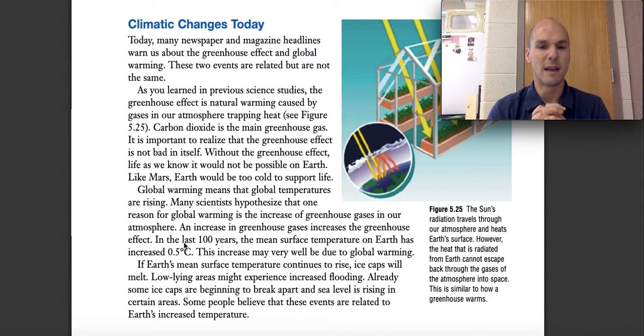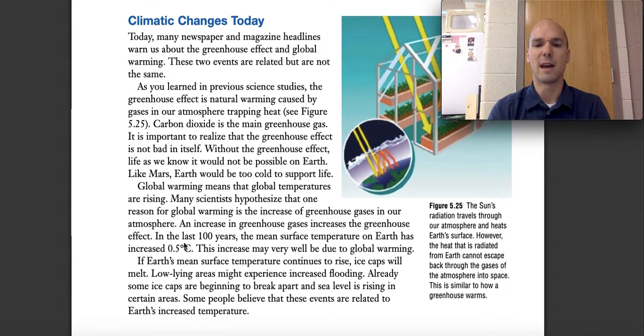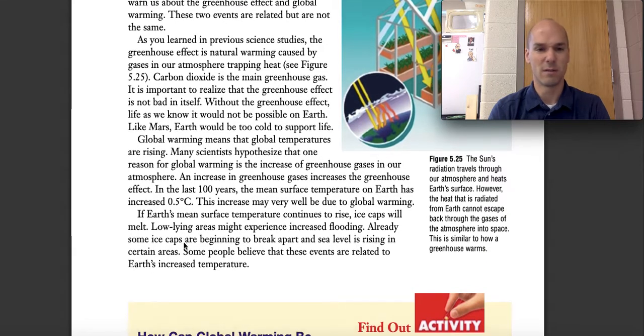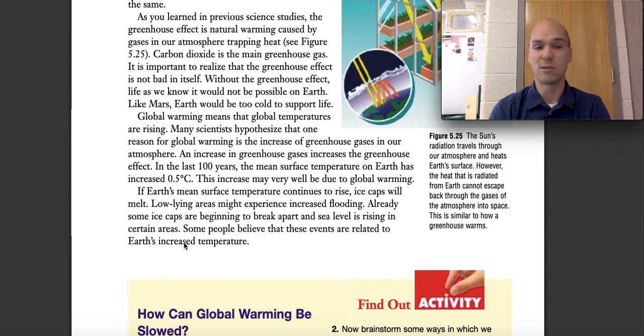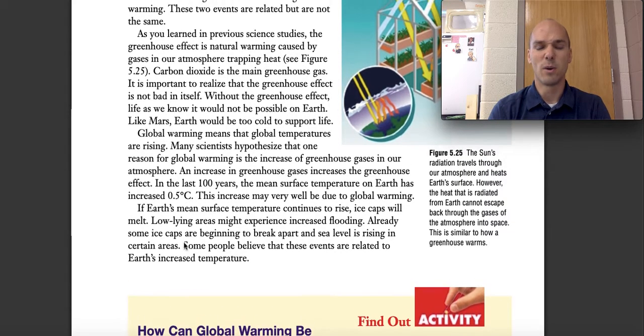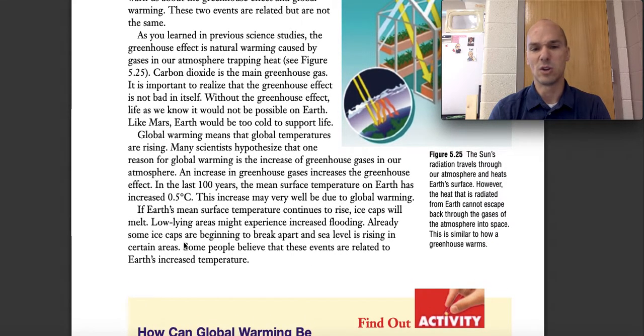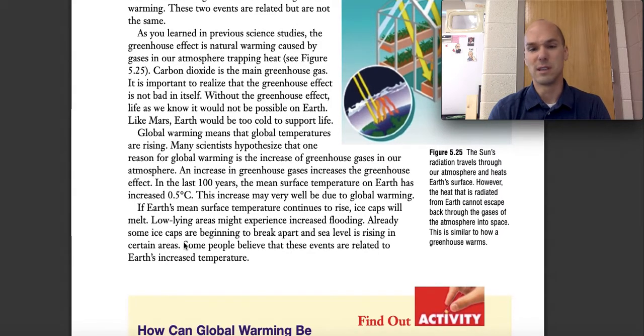Global warming means that global temperatures are rising. Many scientists hypothesize that one reason for global warming is the increase of greenhouse gases in our atmosphere. An increase in greenhouse gases increases the greenhouse effect. In the last 100 years, the mean surface temperature on Earth has increased 0.5 degrees Celsius.